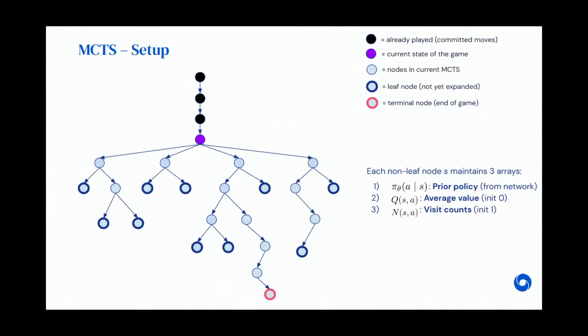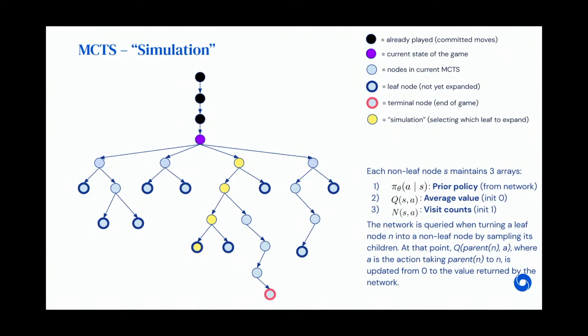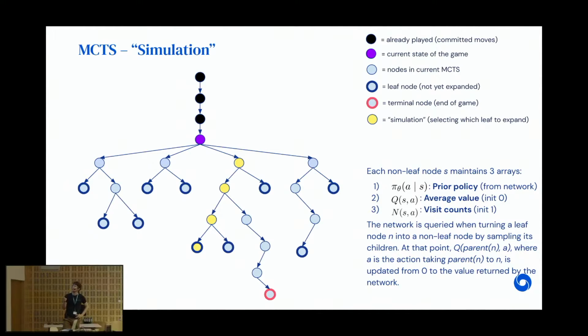Okay, so the main component of MCTS is deciding which branch of the tree to explore next, where to add a new node, and this is done using a concept called a simulation. A simulation is the process of starting from the current state of the game, the committed node, the purple one, and deciding how to descend this tree, choosing in every step some child to descend down on until we reach a leaf node.